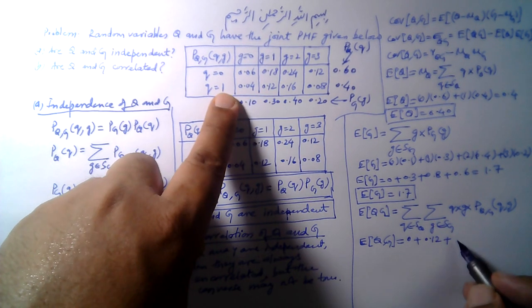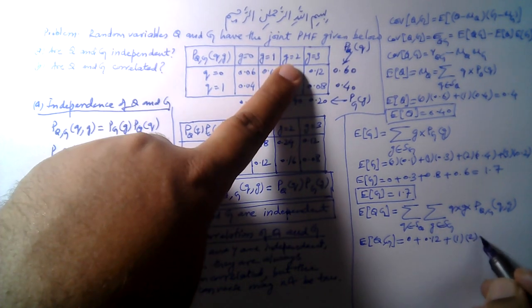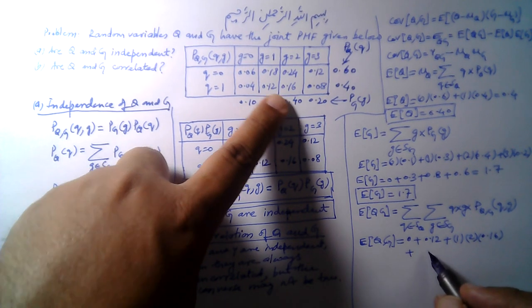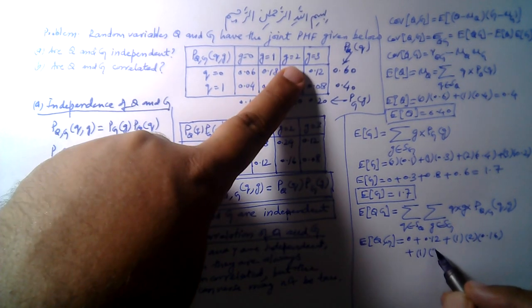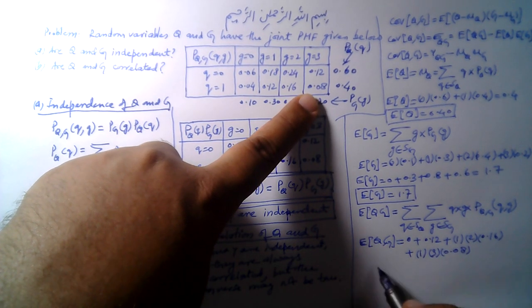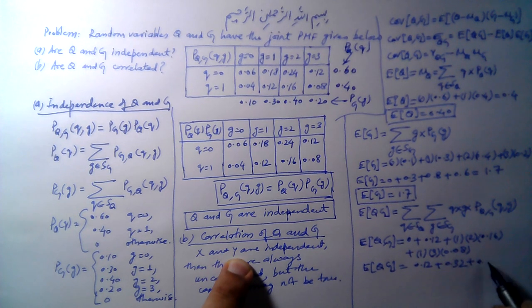Then we have Q equal to 1 and G equal to 2, and the corresponding value is 0.16. Then Q equal to 1 and G equal to 3, we have 0.08. All these values are summed together: 0.12 plus 0.32 plus 0.24, right?